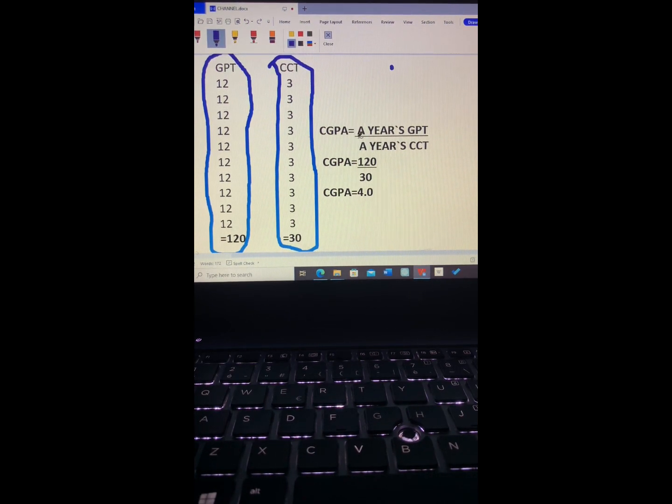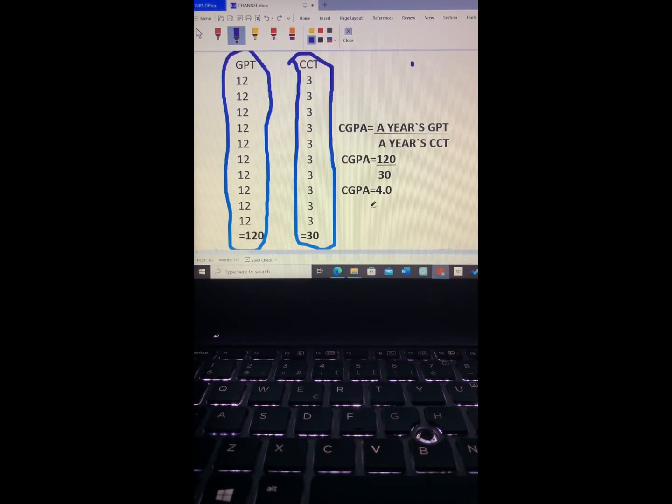So CGPA is equal to a year's GPT out of a year's CCT. So CGPA is equal to 120 over our CCT, which is 30, and here too we got 4.0 as your CGPA because it's a year's GPA.